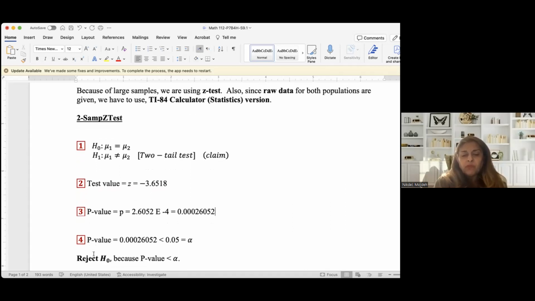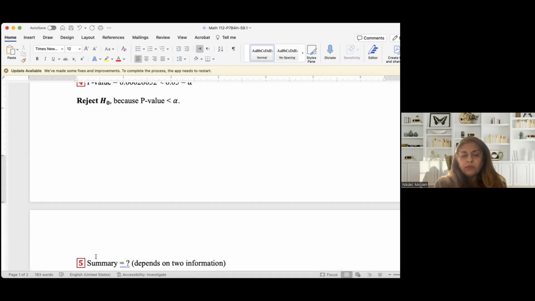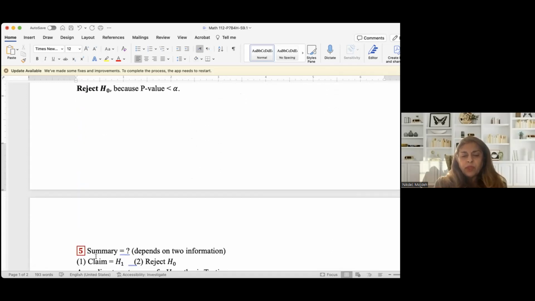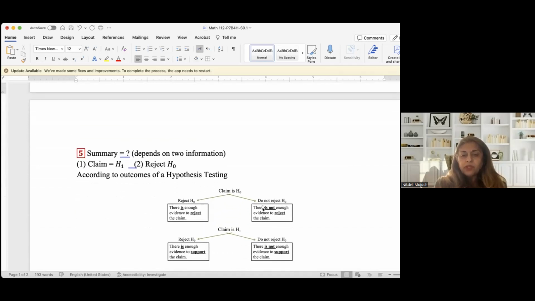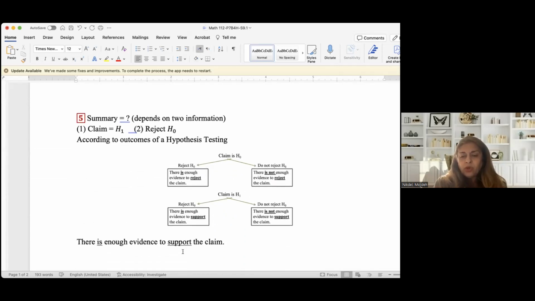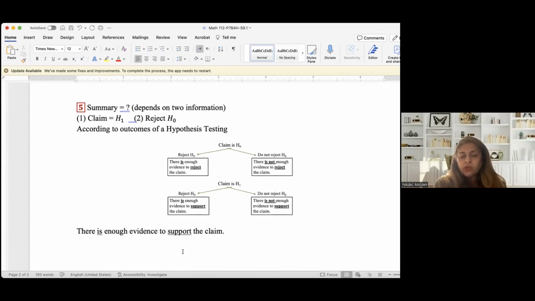So I'm going to reject my null. Now, our summary. Our claim was H1 and we rejected H0. According to the outcomes of hypothesis testing, claim was H1 and I rejected null. So there is enough evidence to support the claim.